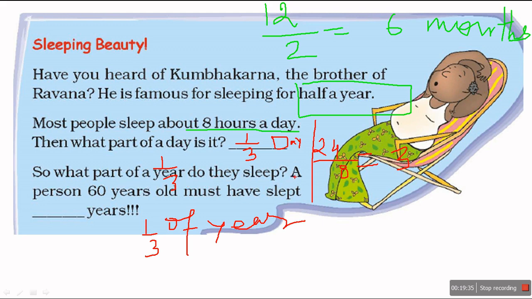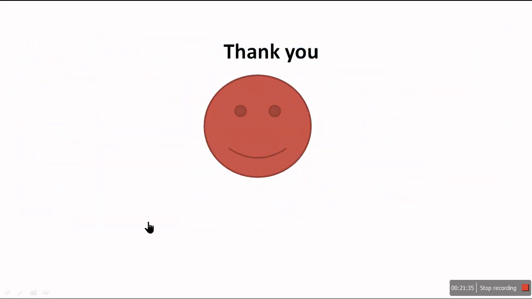A person 60 years old must have slept, 60 divided by 3, that is 20. 3 twos are 6, 20. So a 60-year-old person must have slept 20 years of his life, as he is sleeping 8 hours a day. Okay. So I hope you understand this.